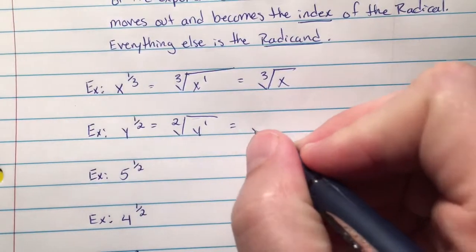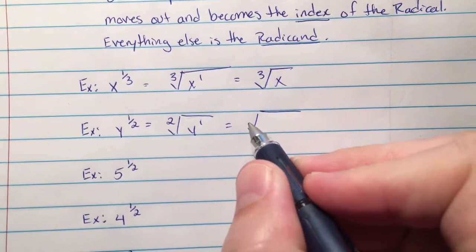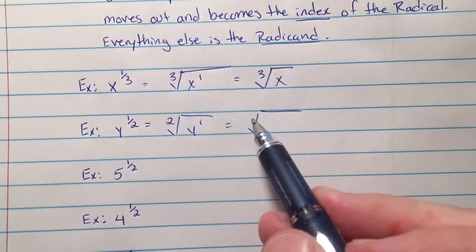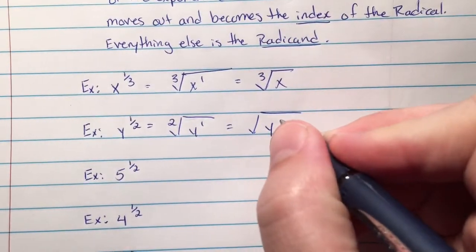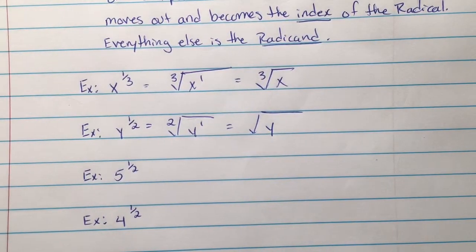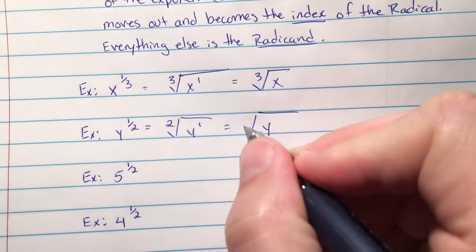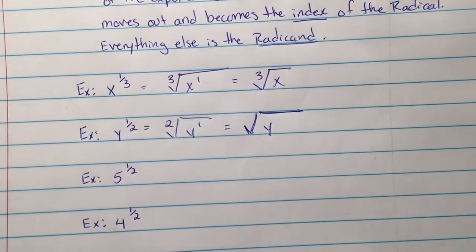If you just simply put a radical without an index on the outside, it's kind of understood that there's a 2 there. Just like when I simplify anything to the first power, if I don't put the exponent, it's understood that that exponent is a 1. So again, whenever you see a radical that has no index written in, it's a 2.